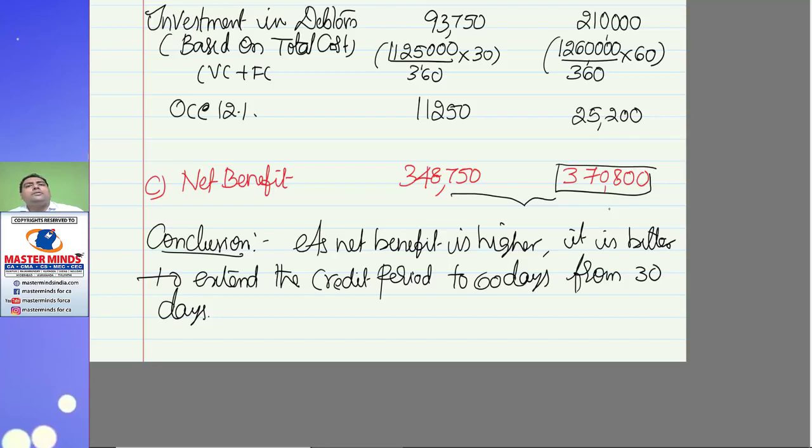We have to convey whether to extend the credit period or not; the difference need not be disclosed. Hence, as net benefit is higher, it is better to extend the credit period to 60 days from 30 days. That's all.